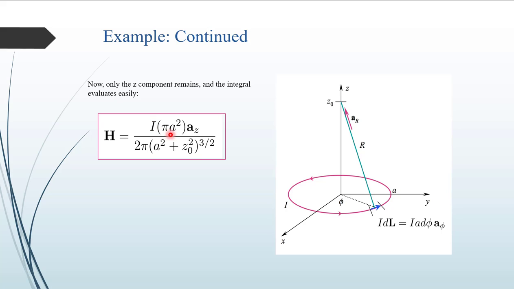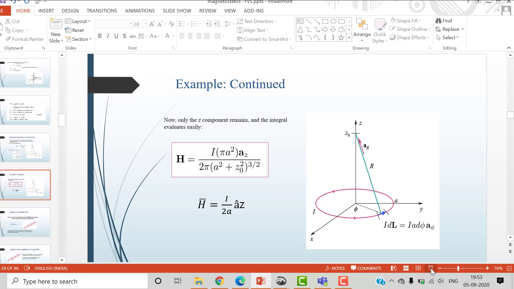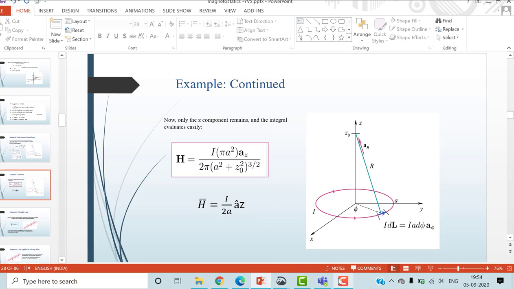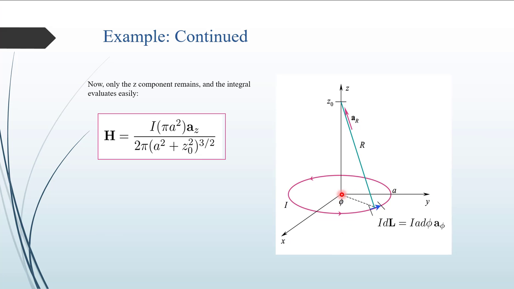So it is equal to I pi a square divided by 2 times a square raised to 3 by 2, so it will change to a new formula, and that is equal to I upon 2a into az cap. That is the intensity because of a circular ring at the center. Like this we can use this circular shape later on when we solve examples based on the circular shape.